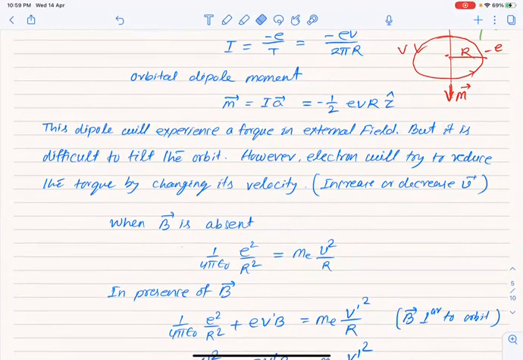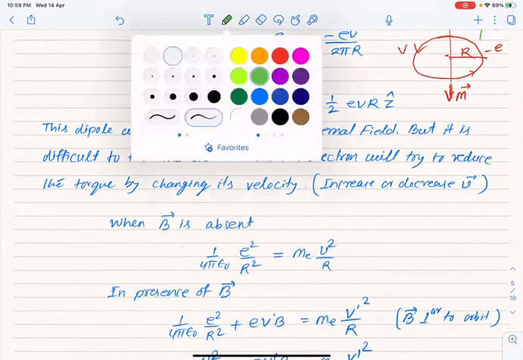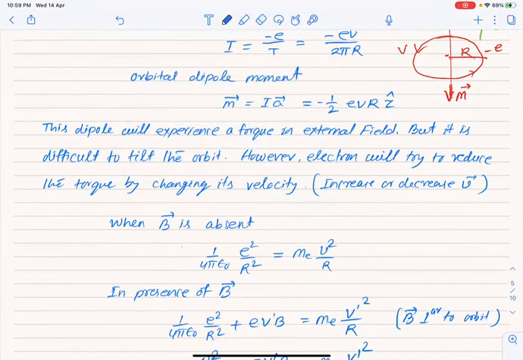Now, what happens if you add the magnetic field? As I told you, let's add the magnetic field along the z direction. So B is along z cap and uniform.